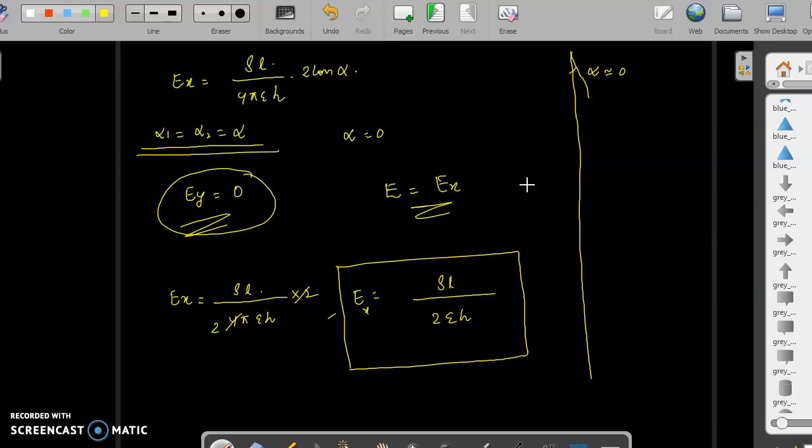So you can use this expression to find the electric field intensity at the point P anywhere from a uniformly charged line. That is rho L by 2 pi epsilon h. And we concluded that only the Ex component exists, there is no Ey component, because it becomes 0 when alpha is equal to 0.